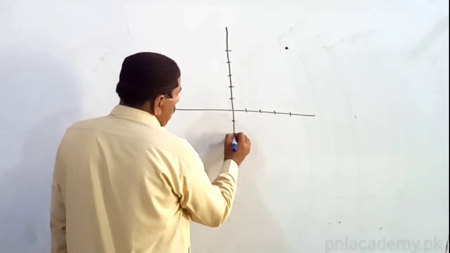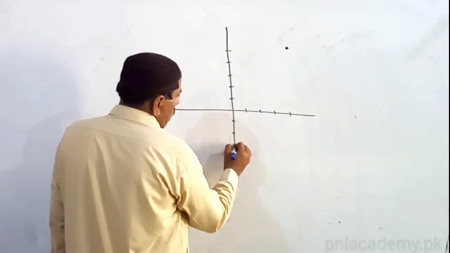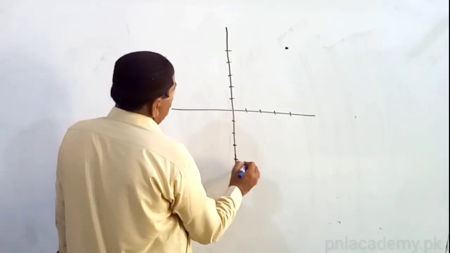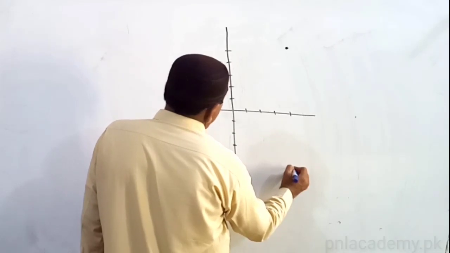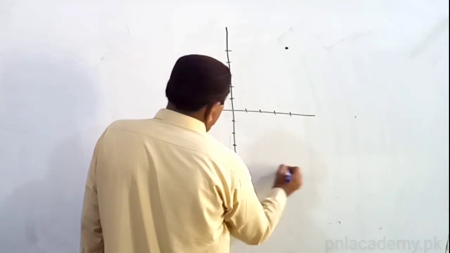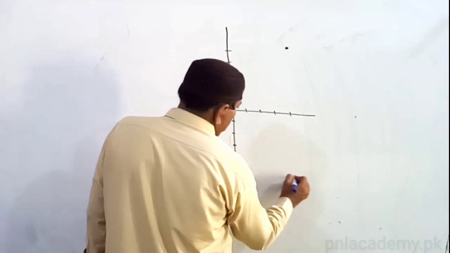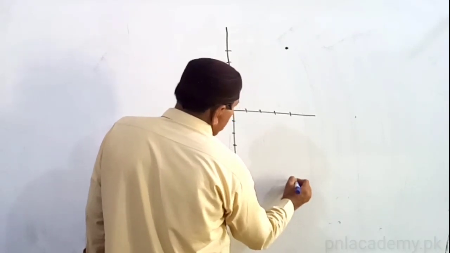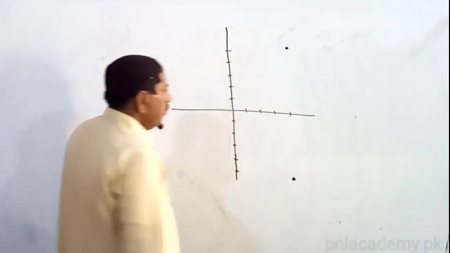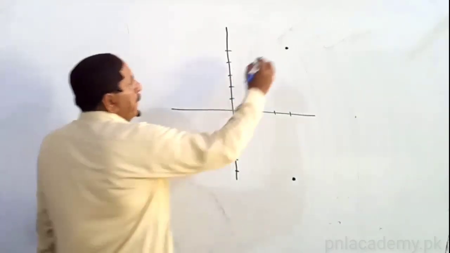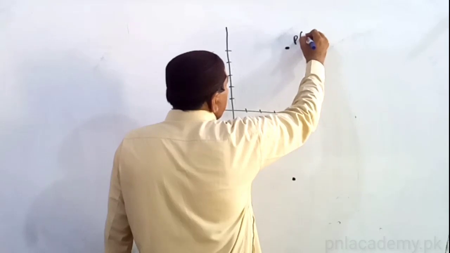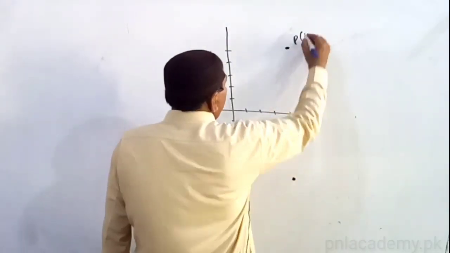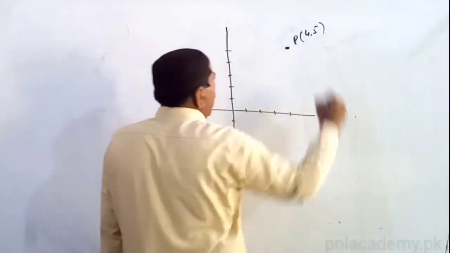One, two, three, 4, 5. This is also the point. P is 4, 5.